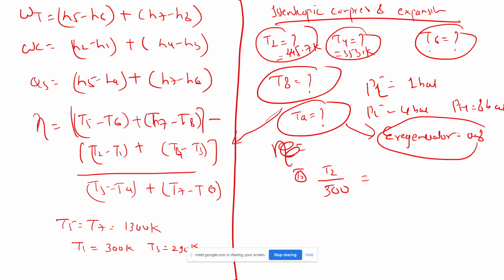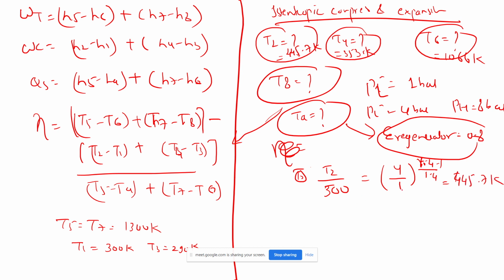T6, yeah. It is 1066, okay, it is correct. So take gamma as 1.4, so that it will be 1.4 minus 1 upon 1.4. So from here you will get T2.